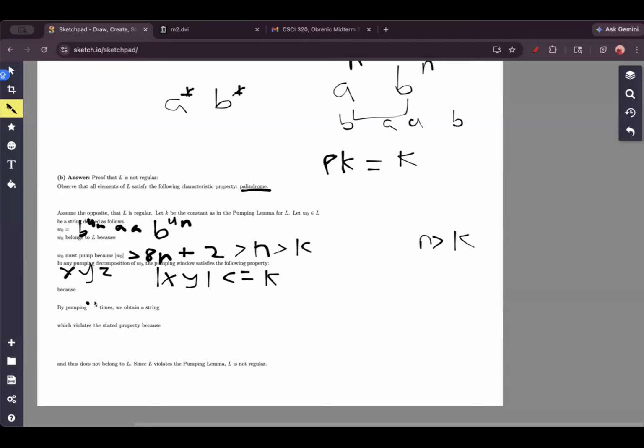So after pumping one time, we obtain a string W1 in which we pumped this Y part up once, so P plus 1, and then Z, which violates the stated property because we have more B's than this B over here, and it's not a palindrome anymore. We have more B's on the left side.